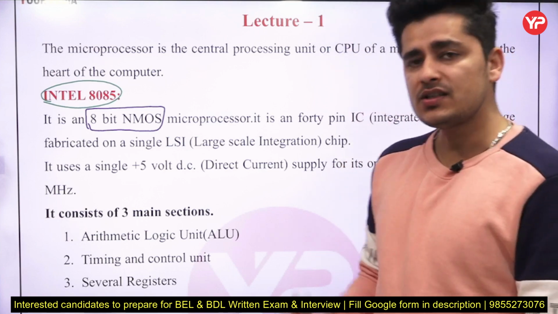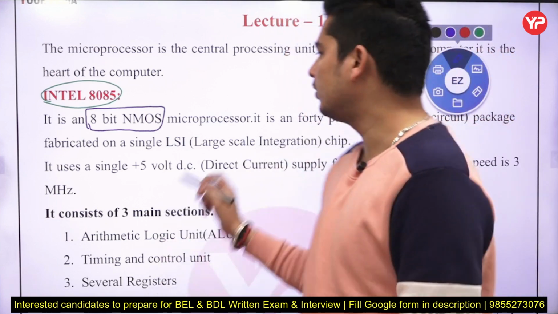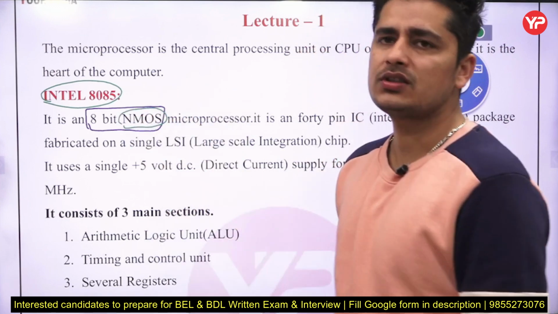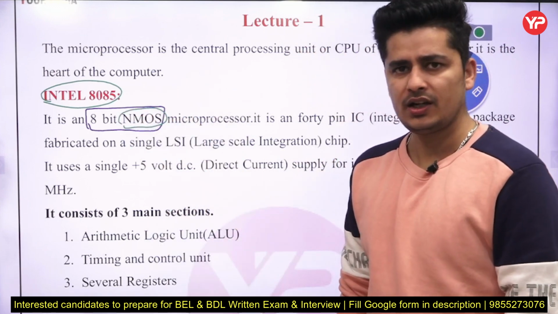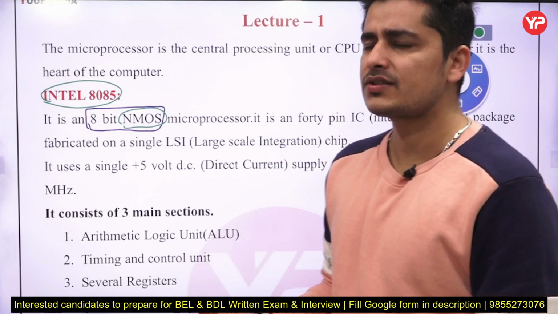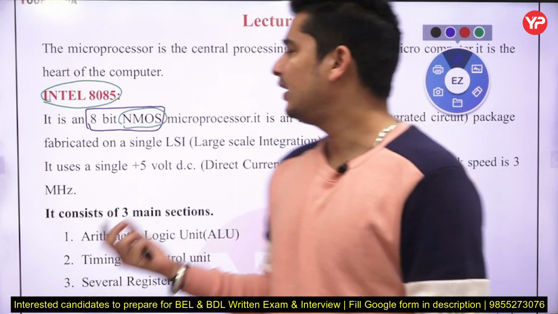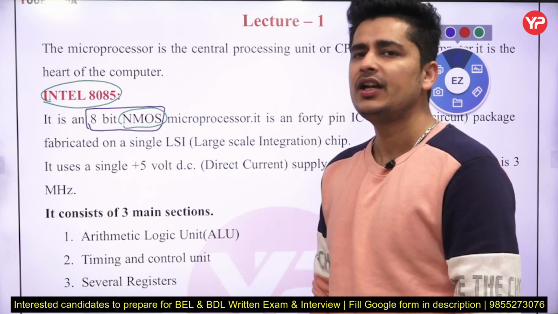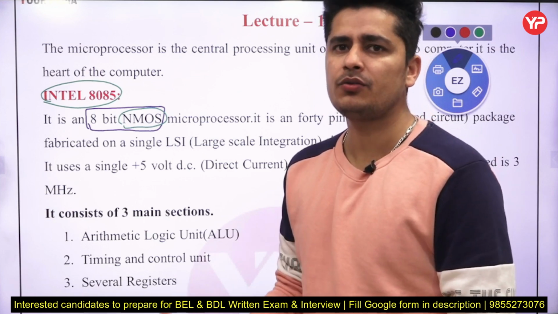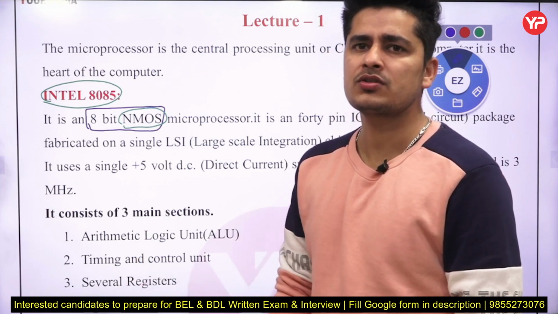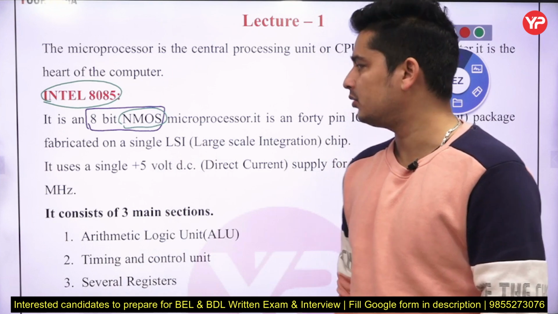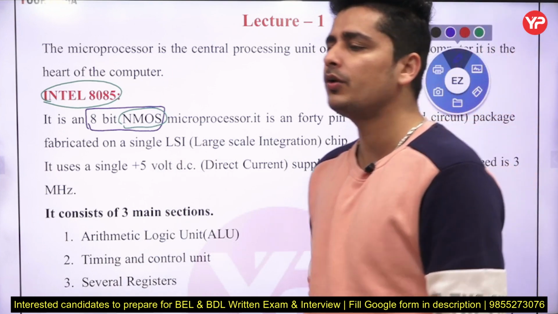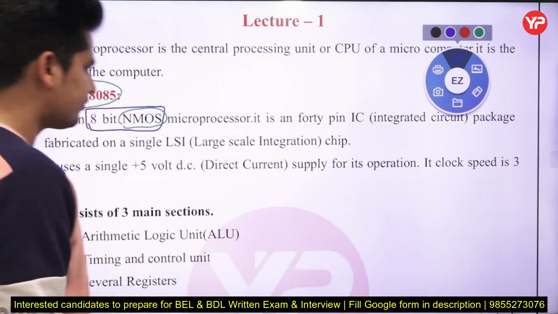And this microprocessor is built on NMOS. Sometimes they may ask you the question, 8085 is built on which technology? CMOS, NMOS, PMOS. What will be the answer? NMOS. So it is an 8-bit microprocessor which is built on NMOS, right?